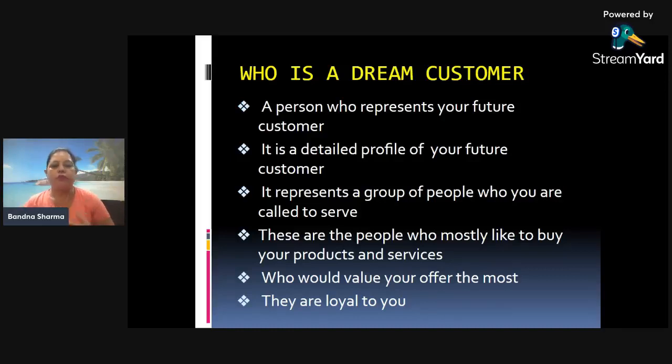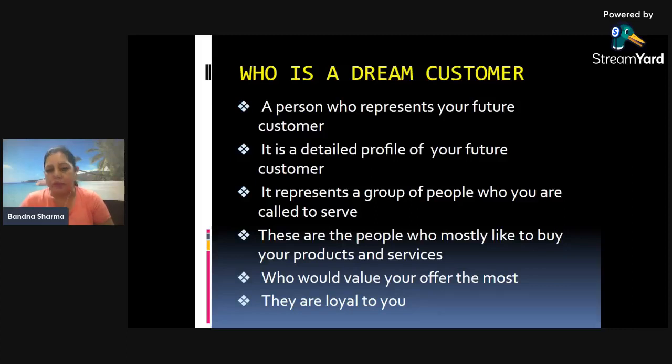To whom your product or services can give some kind of benefit. So we have to identify the group of people, but first we have to identify the single person who is representing that particular group of people, right? These are the people who mostly like to buy your products and services.